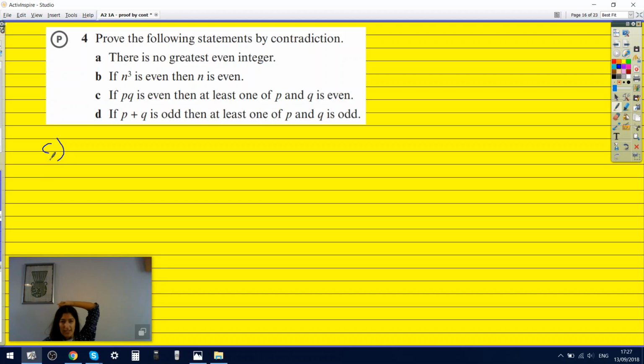Let's see. Okay, if PQ is even, at least one of P and Q is even. Is that already a negation statement, or is that just a statement? That's the true statement that you must prove is true by saying the opposite.